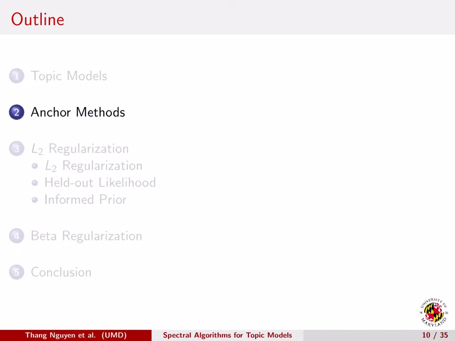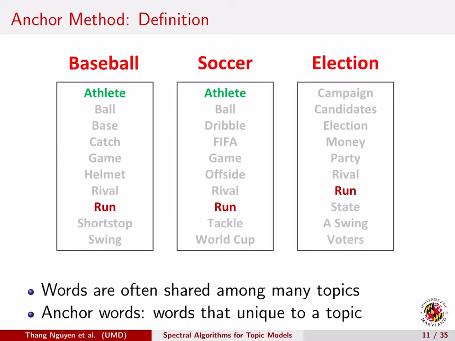But first, let's talk about the foundation of our approach, the anchor algorithm from Arora et al. 2012. One of the great things about topic models is that it finds polysemous words that occur in many different topics. So for example, the word run can appear in topics about baseball, soccer, and elections.